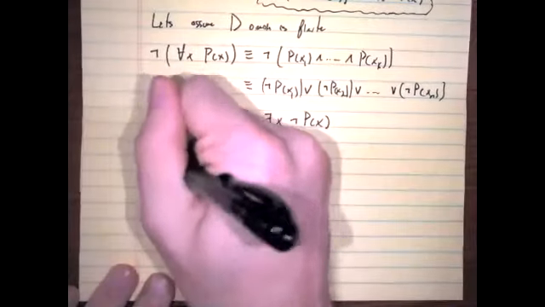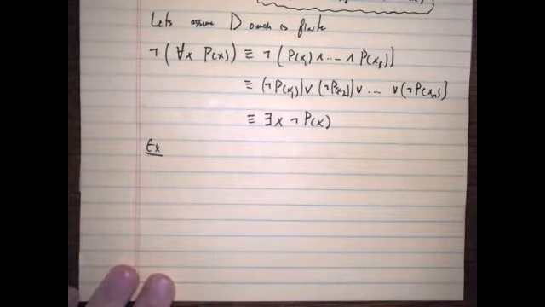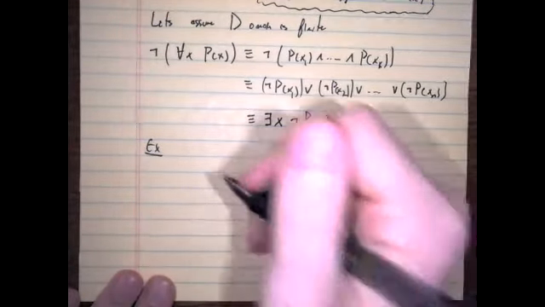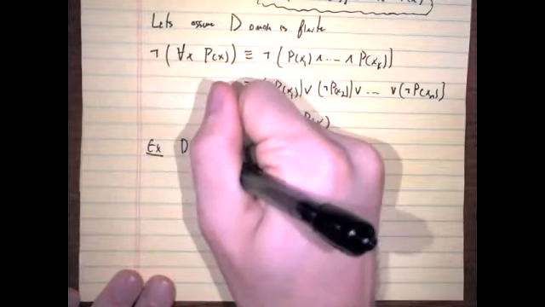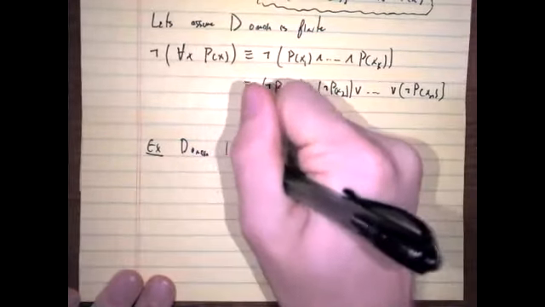Let's do an exercise. Let's try to write out propositions associated to the things that I write. So let's assume that the domain is all people.